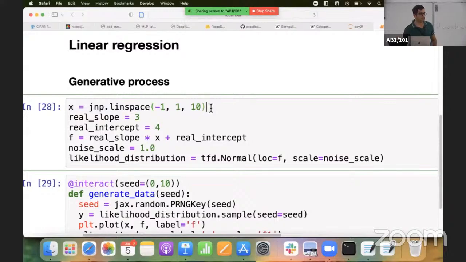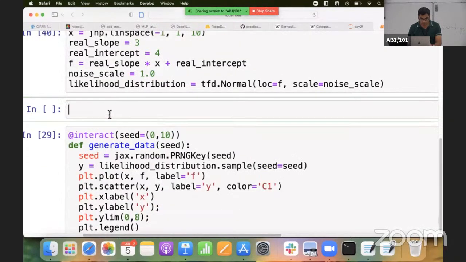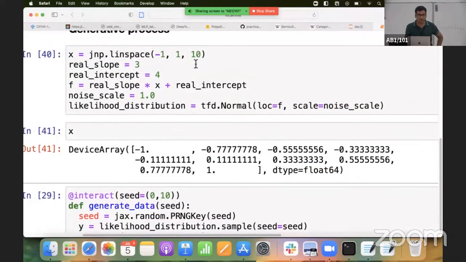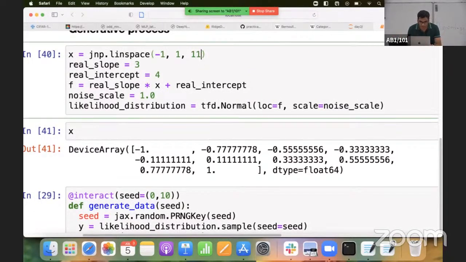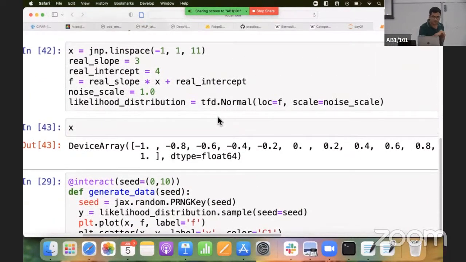That's what linspace does. Actually, let me just show you in case you're unsure. X is 10 evenly spaced values between -1 and 1. 11 is a better value here because it just makes the numbers easier to view. So you have 11 evenly spaced values between -1 and 1. These are your X values.